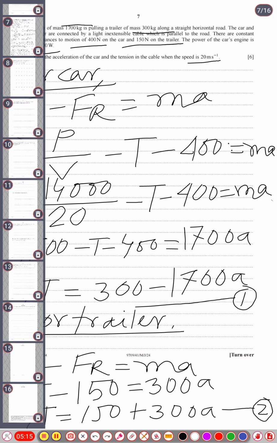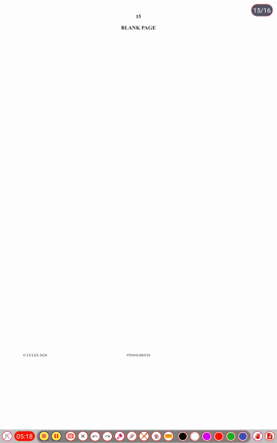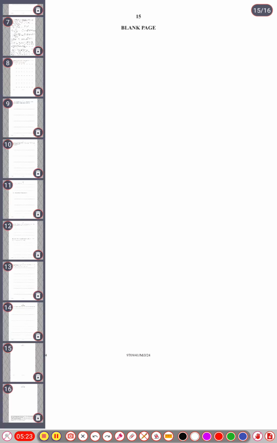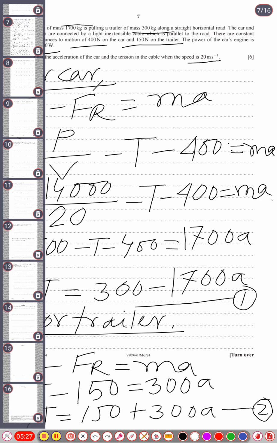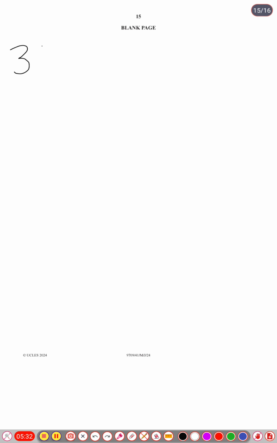Let me find a new blank page. Okay, this is the blank page. So we will write, what was the first equation? First equation was 300 minus 1700a equal to, what is equation 2?